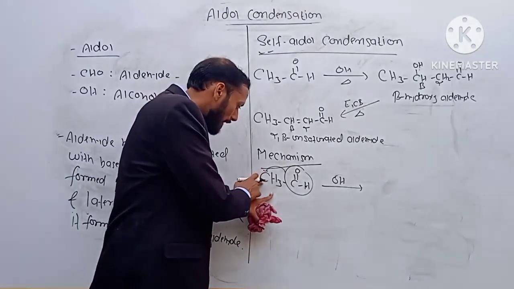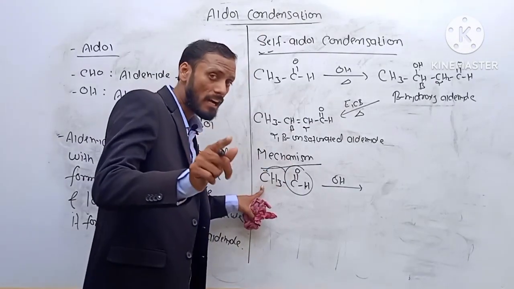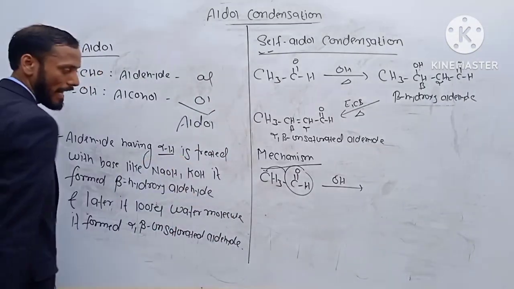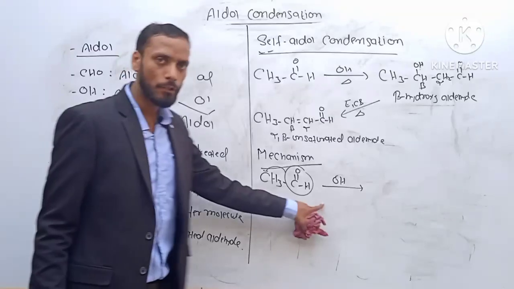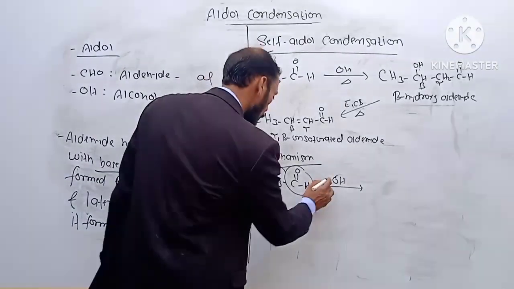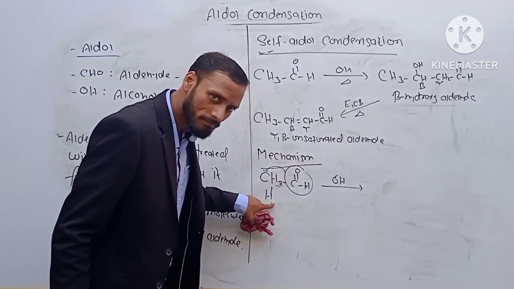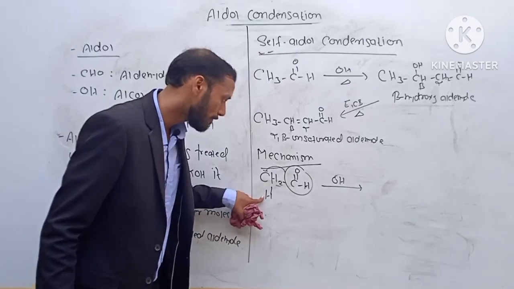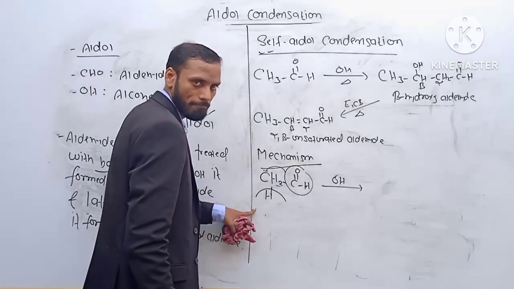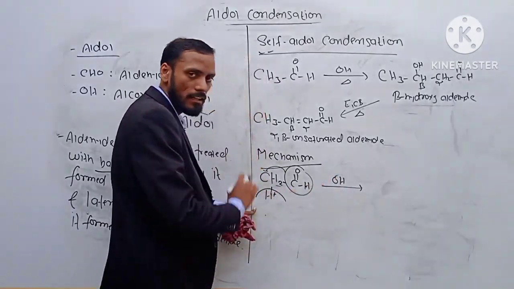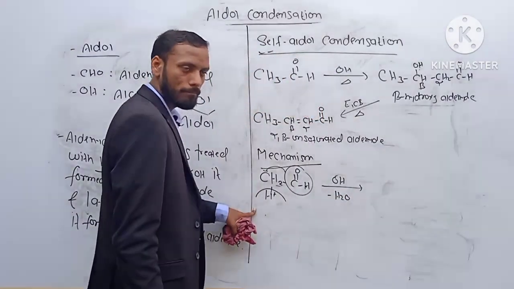The hydrogen attached to the alpha carbon is known as alpha hydrogen. The alpha hydrogen is treated with base like NaOH. NaOH gives OH minus, and OH minus will abstract H plus, and H2O is removed.